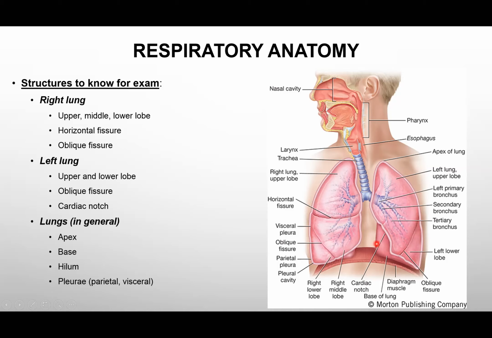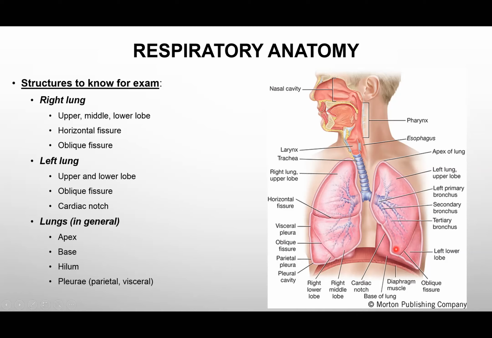And in terms of structure for lungs in general, the apex refers to the top of the lungs. The base of the lungs is the bottom part of the lungs.